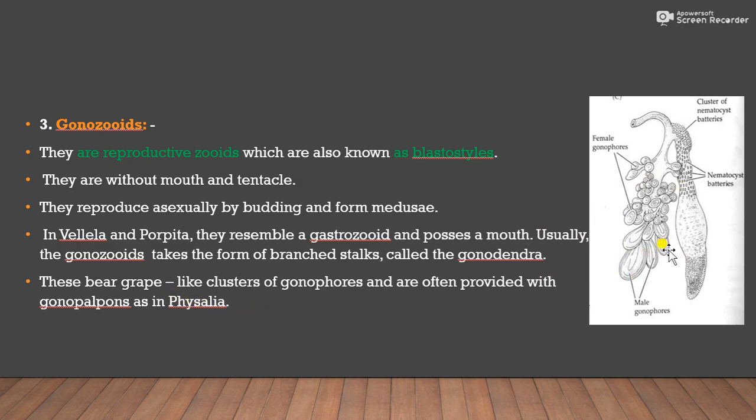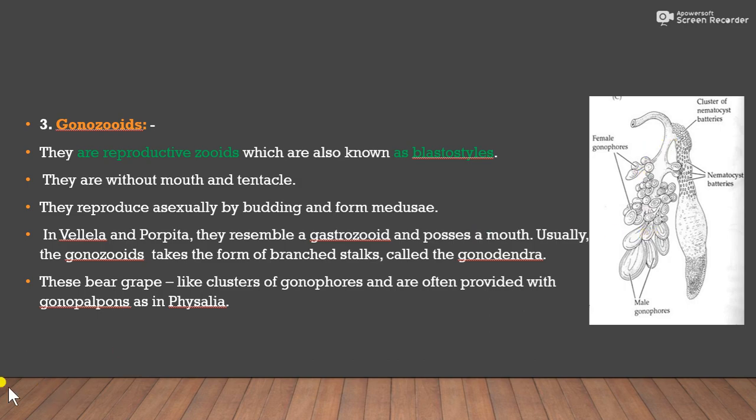Look here. This bears a grape-like cluster of gonophores, and is often provided with gonopalpons, as in Physalia. These gonozooids are the reproductive zooids.